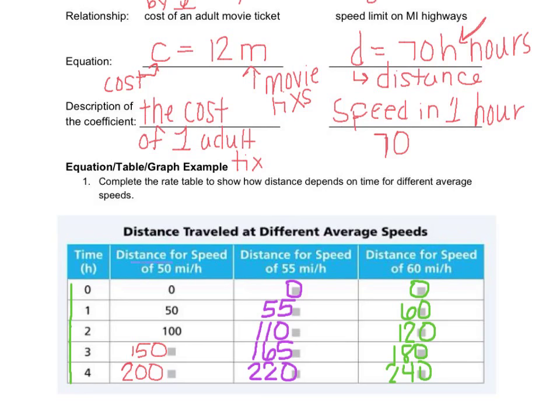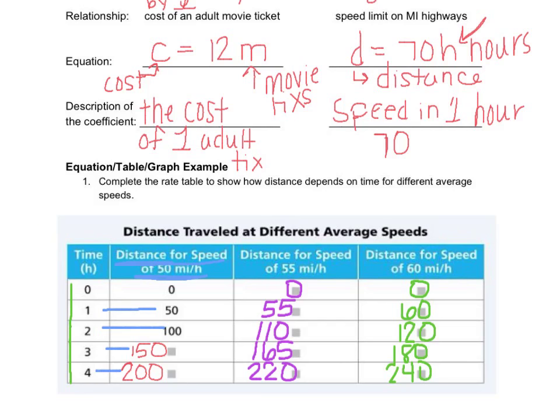This is where I'm reading. Distance for speed is 50 miles per hour. So in 0 hours, you went 0. You didn't go anywhere. 0 miles. In 1 hour, you go 50. 2 hours, I double it, I go 100. In 3 hours, I go 150. 4 hours, I go 200.